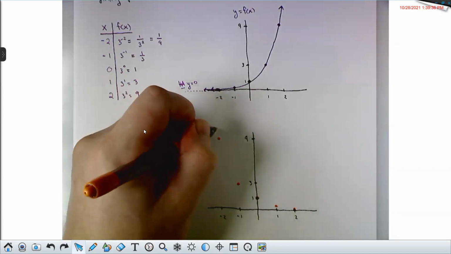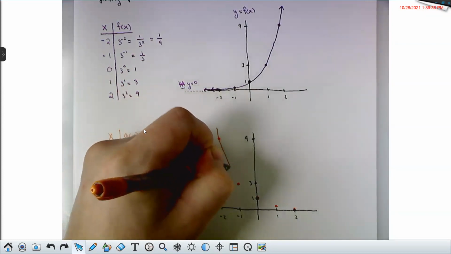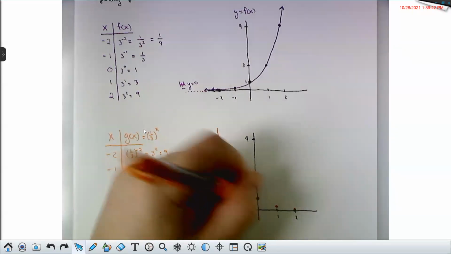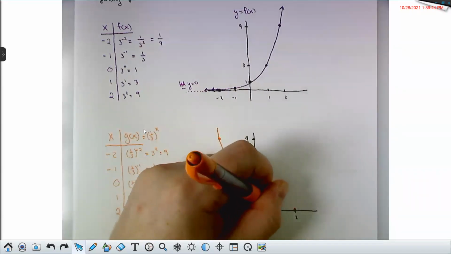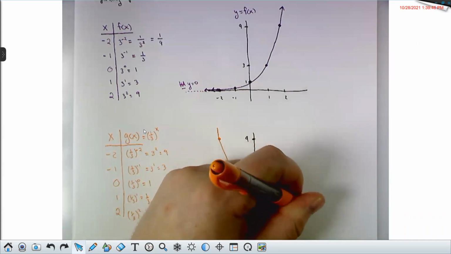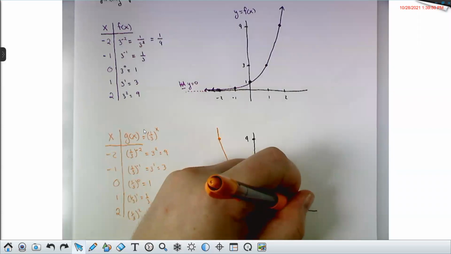And if I connect these with a nice smooth curve, just following that pattern, I get something looking like this.